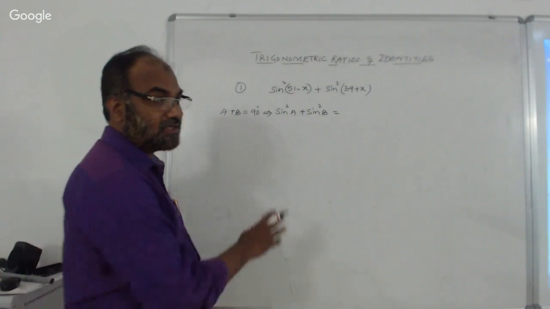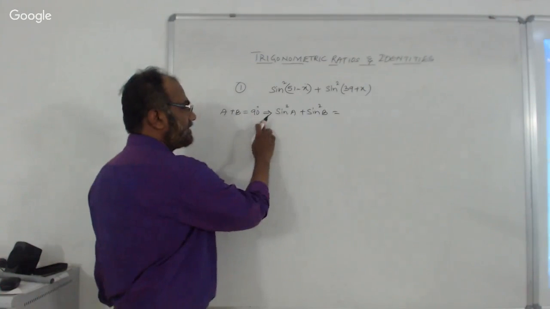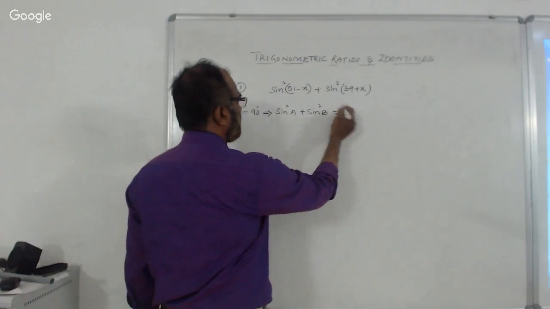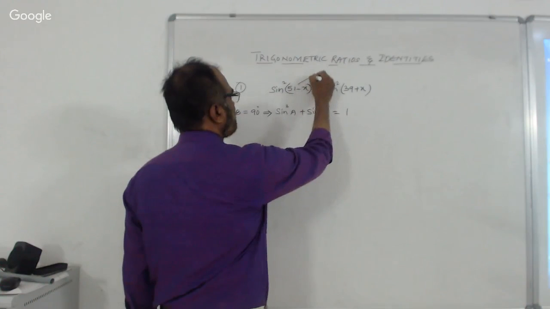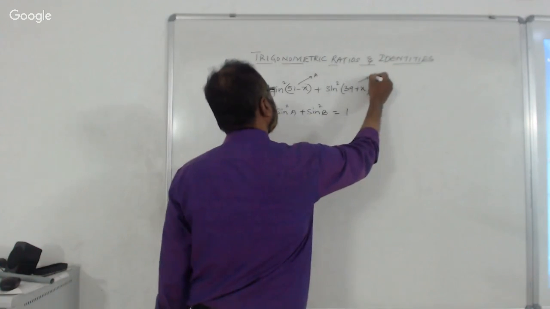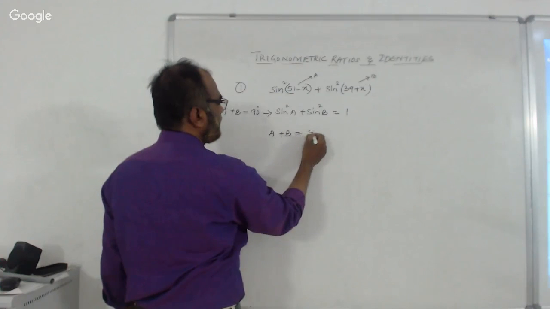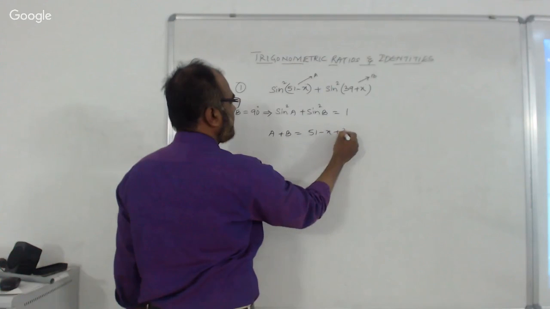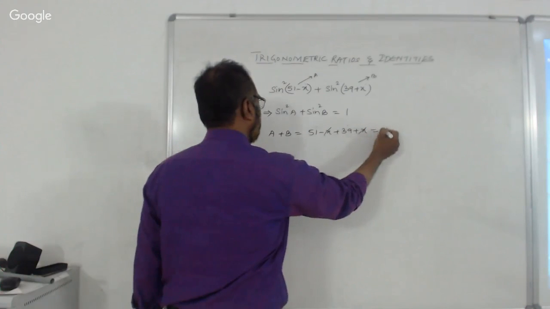Yesterday we had written this as a concept: if a plus b is 90, then sine square a plus sine square b is 1. Now we check. This is your a value and this is your b value. So a plus b is 51 minus x plus 39 plus x, which is coming to 90.